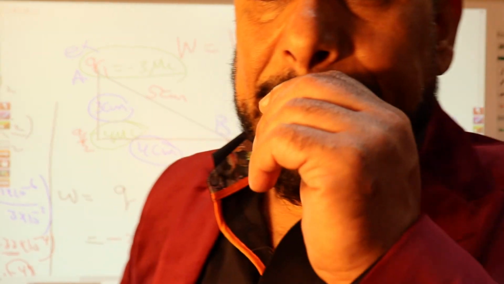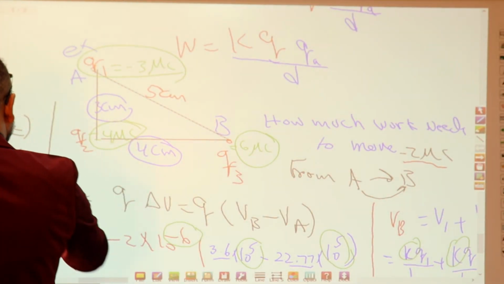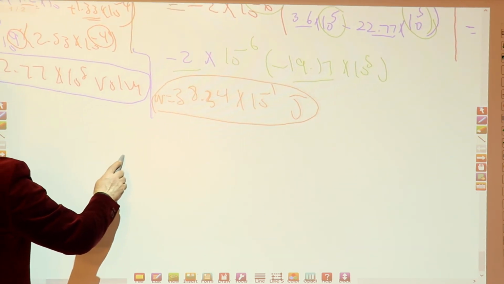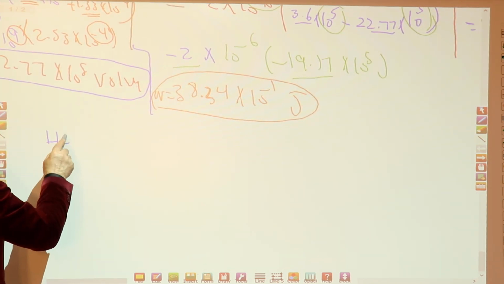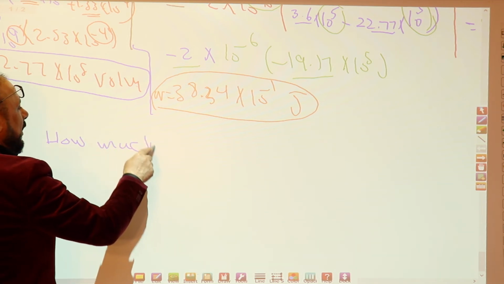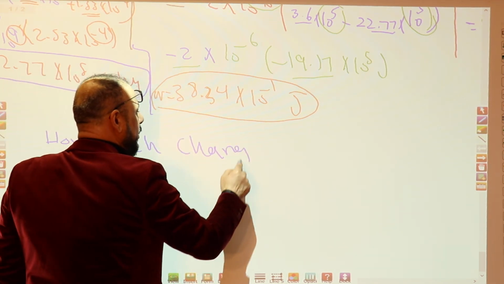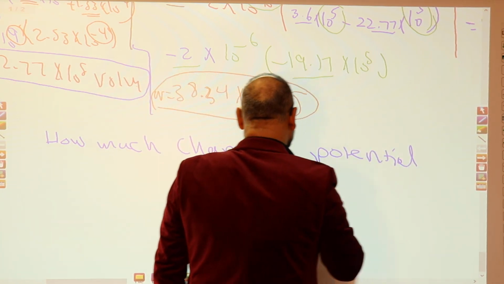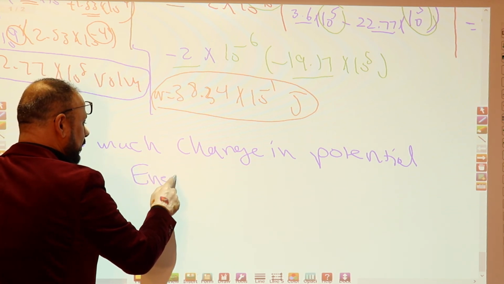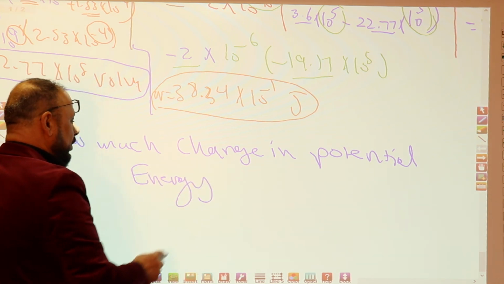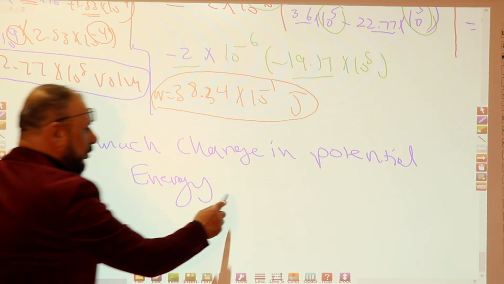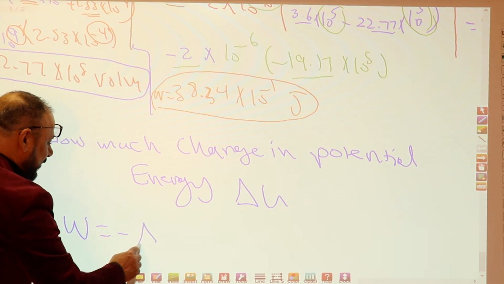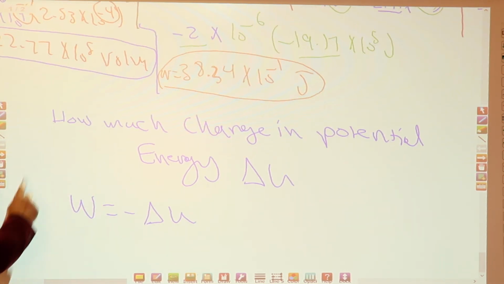Now, if I need to calculate the change in potential energy, if he asks me how much is the change in potential energy, what do I have to do? Delta U. Look, work equals negative delta U. Wow, that's all you have to do.